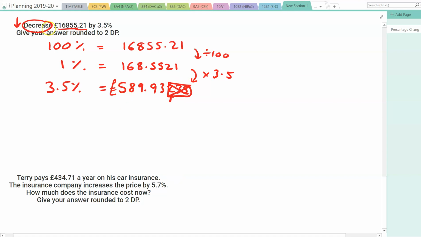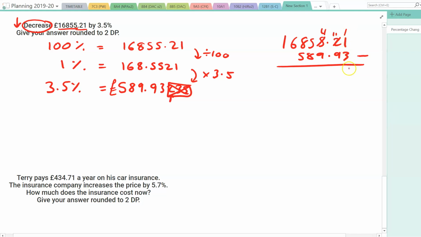So we are decreasing 16855.21 by 58993. There's going to be a lot of borrowing in this one. What am I doing? That should be an 11. There we go.